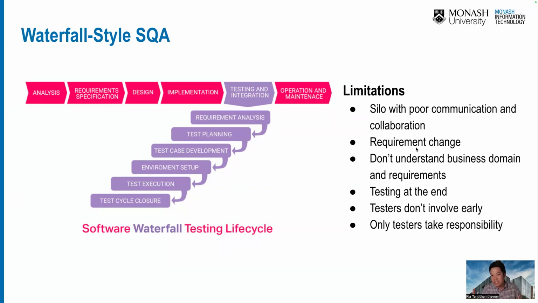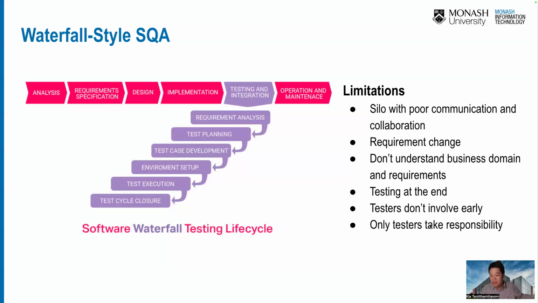What if the requirement changes? The tester is not aware of that either. Testers don't understand the business domain because they start very late in the software project, and they don't understand the requirement. Testing is at the end. Testers are not involved early, and only testers take the responsibility.